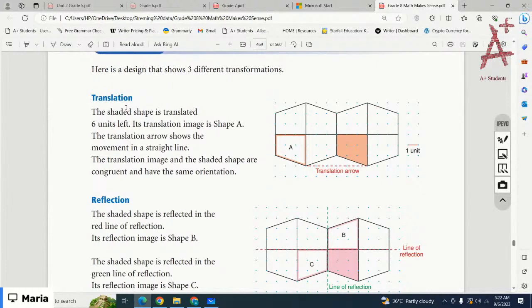The translation image and the shaded shape are congruent and have the same orientation. That is translated from here to here, right?